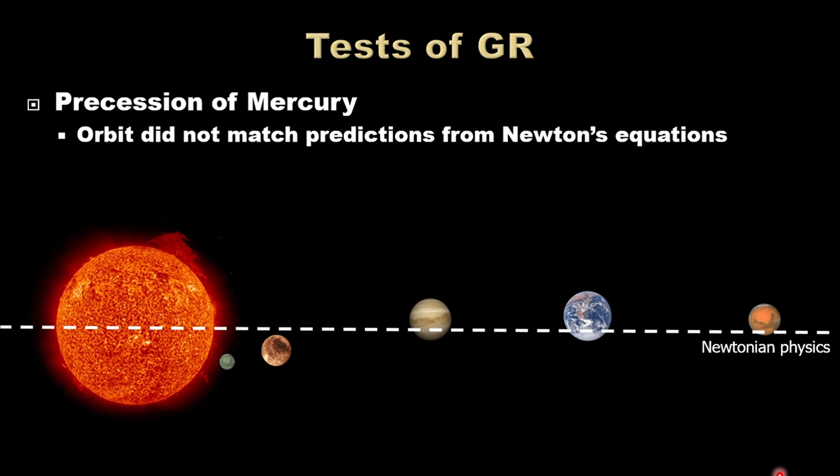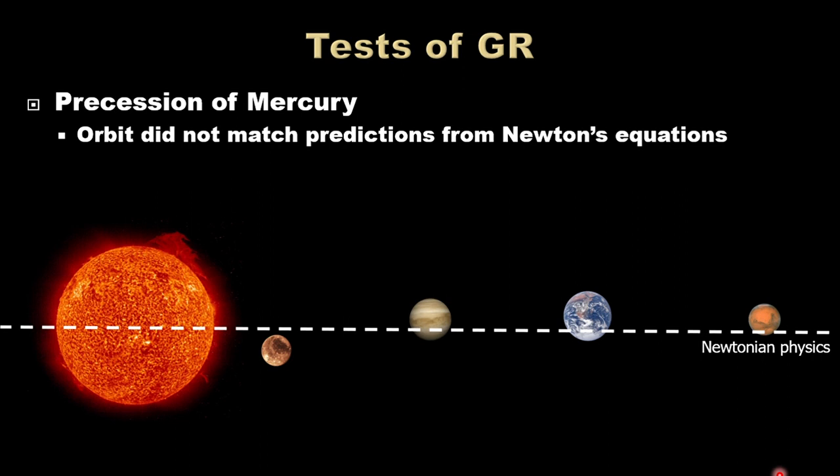They went so far as to name this planet. They called it Vulcan, and they spent decades searching for this mysterious planet that must be tugging on Mercury. But in decades of searching, they never did find it. And that's because it's not there.